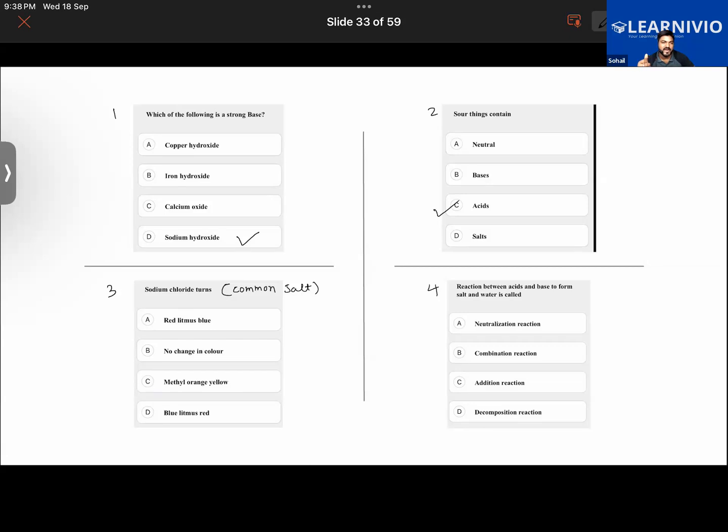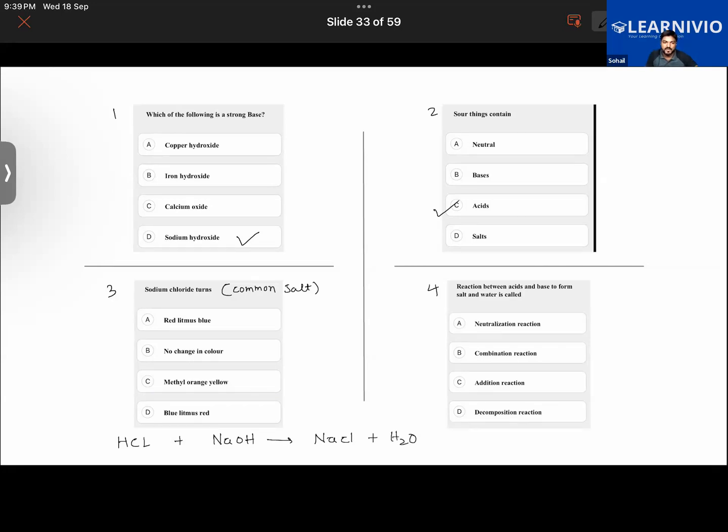Which acid will be reacting with which base to give out sodium chloride along with water? We have hydrochloric acid, that is HCl, plus sodium hydroxide, NaOH, and as a result we get NaCl plus water, H2O. So that is the chemical equation.